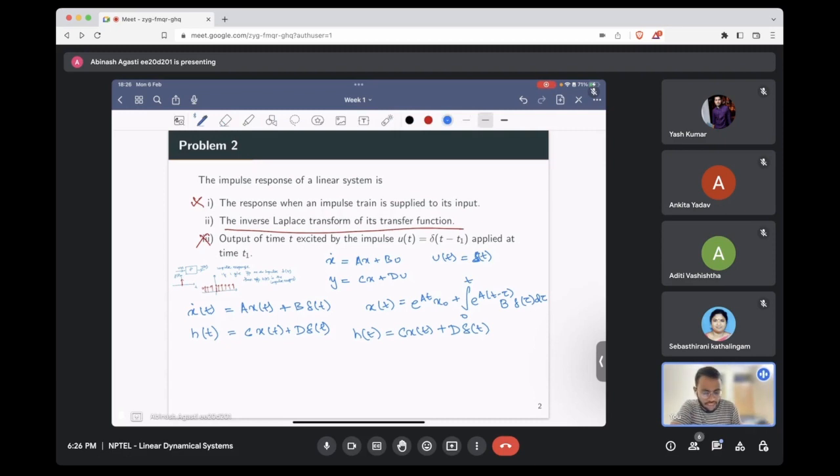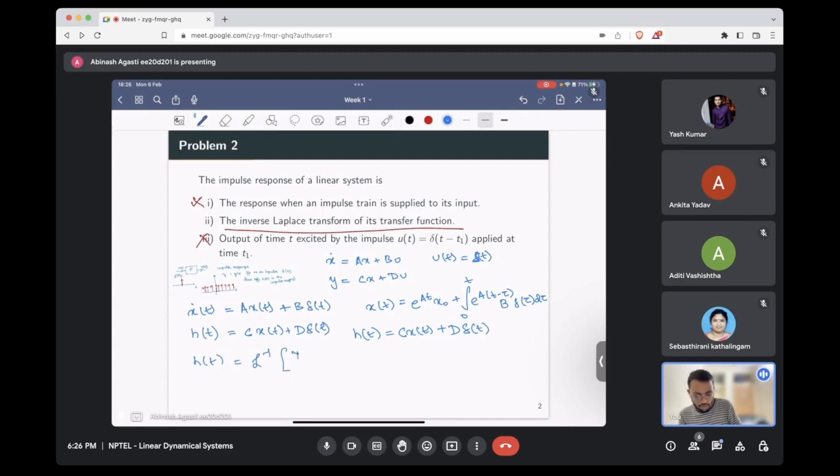Okay, so we need not even go that far for this thing. We directly have that we want to show that the impulse response, that is the h of t, is equal to Laplace inverse of its transfer function.